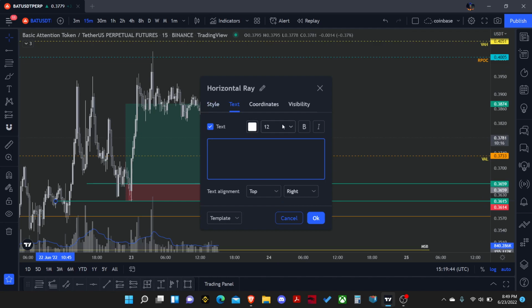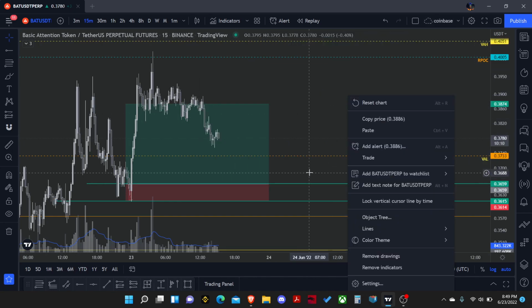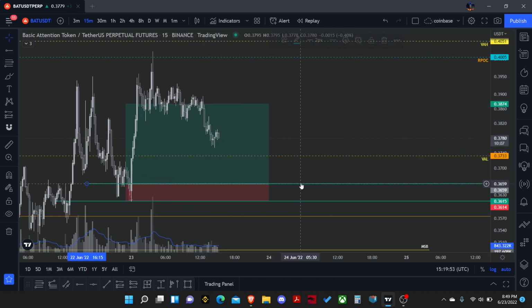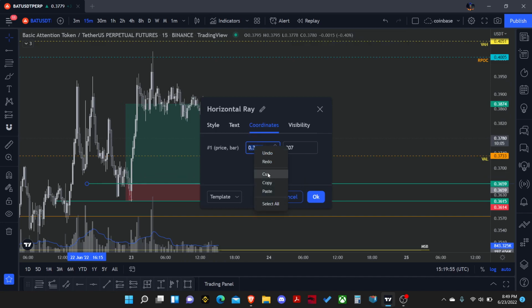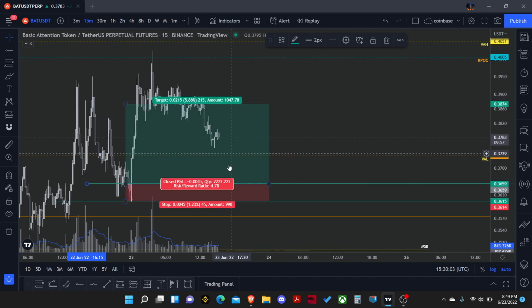So if I need to give the stop losses, I just go to the coordinates, copy this price, and then give it to the stop loss. And if I need my entry as a pending order, I mean a limit order, I just copy it here, go to Binance or Bybit or whatever exchange I use, and put the entry over there, just by copying this.